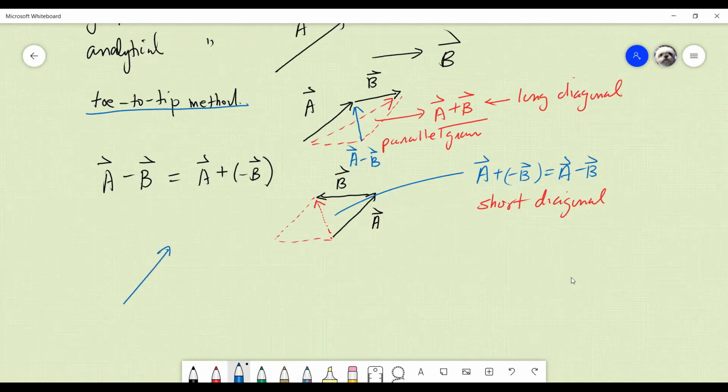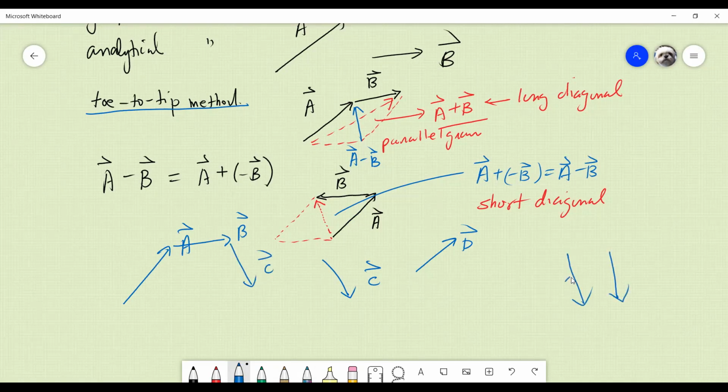Let's say I have A, B, C, and D. You connect them together, so this is my B, and then I connect C. Remember that two vectors being the same means they are parallel and have the same magnitude.